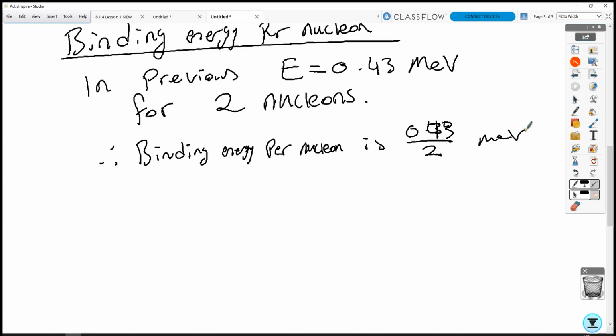The bigger this number is, the better the nucleons stick together. So the more bound they are together. Hence why, again, iron does not like to fuse. It also does not like to do fission.